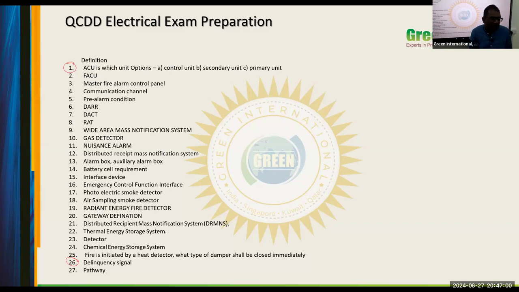The question is: a signal indicating a supervising condition and the need for action in connection with the supervision of guards and system attendance. Okay, this is the question.